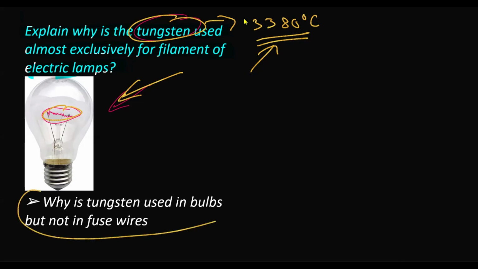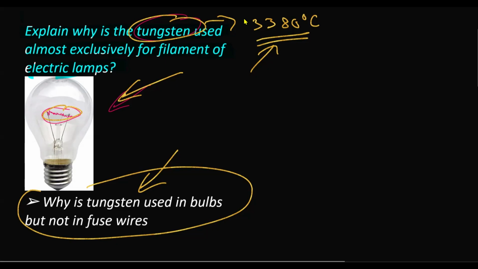Based on this, there is one more question: why tungsten, which is used in the bulb, is not used in the fuse wire. In a fuse wire, the wire present inside has a moderate to low melting point.